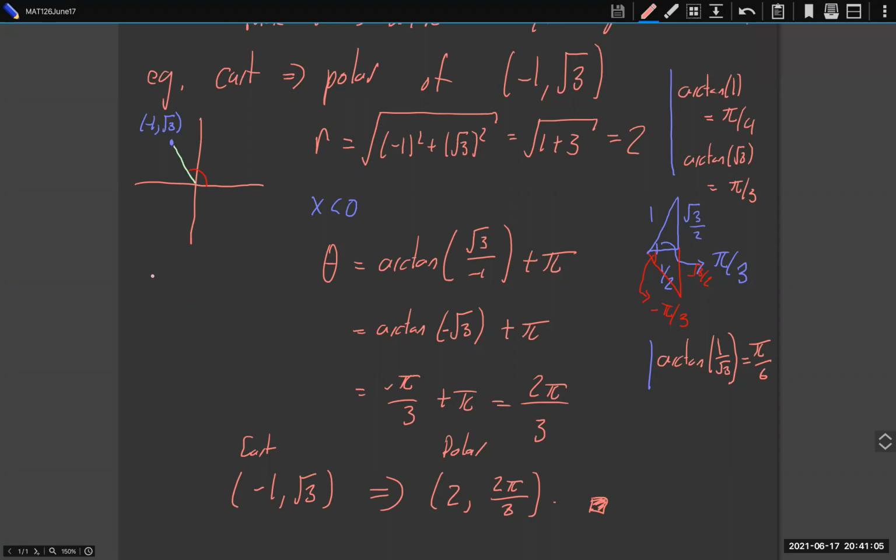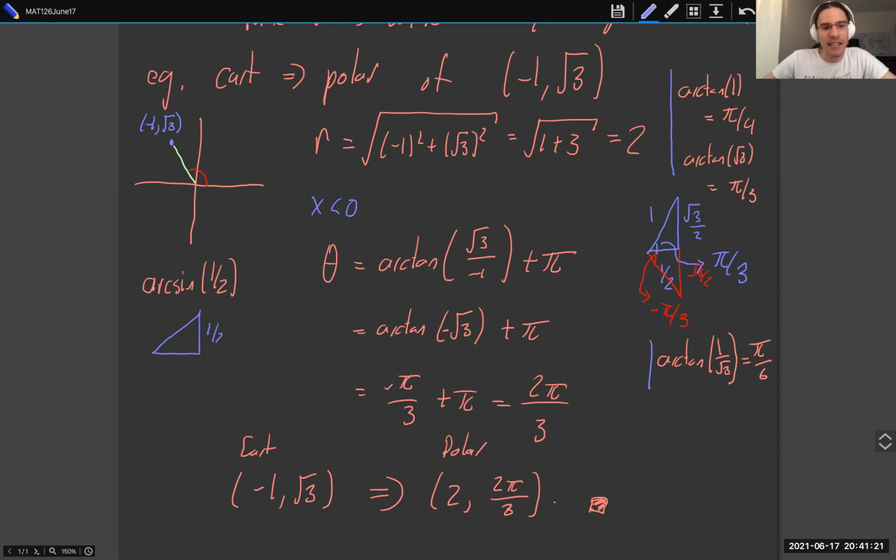So I'll give you a homework spoiler. What is arcsine of 1/2? This comes up in the homework. What triangle has a side length of 1/2 along its sine? If this side length is 1/2, that's the sine, right? Then what is this angle equal to? Is it pi over 3? Pi over 3 is 60 degrees, and the cosine is 1/2 at pi over 3. So it's not pi over 3, it's pi over 6.